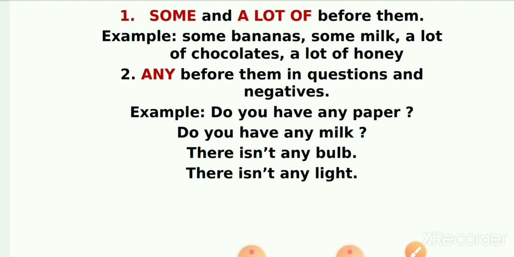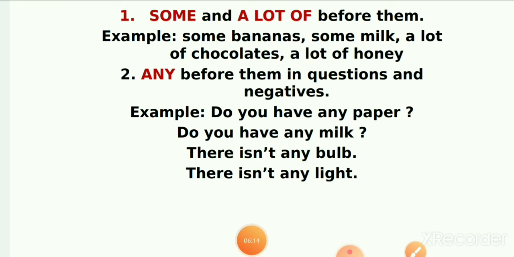You can use any before an uncountable noun in a question sentence. Do you have any milk? Like this, there is not any ball. There is not any light. Like this, you use any before countable and uncountable nouns.